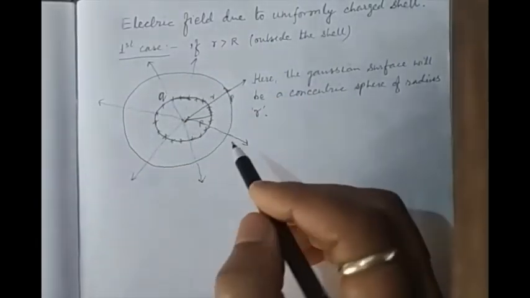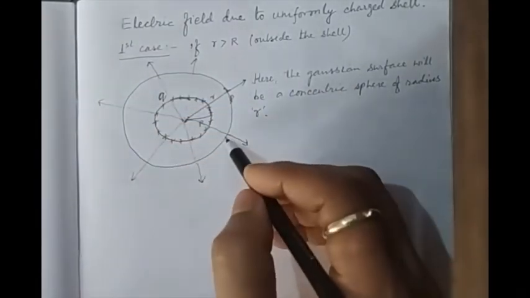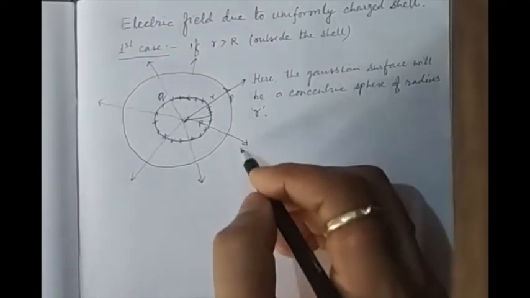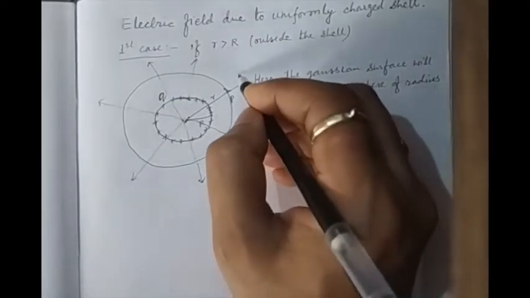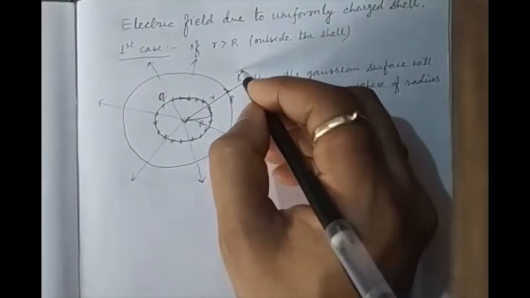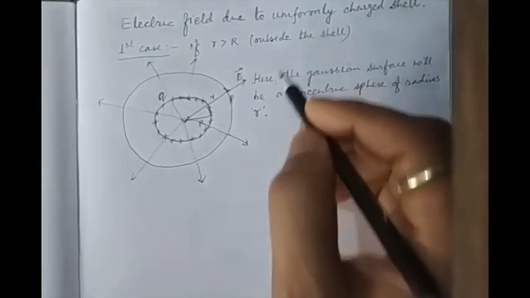By symmetry, suppose the magnitude of electric field at any point on the Gaussian surface is E, and its direction is radially outward.